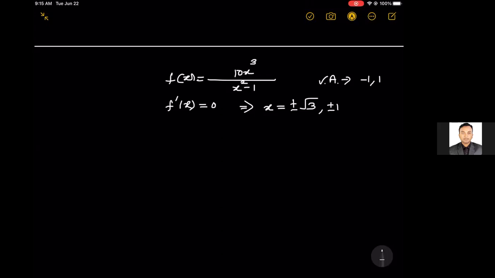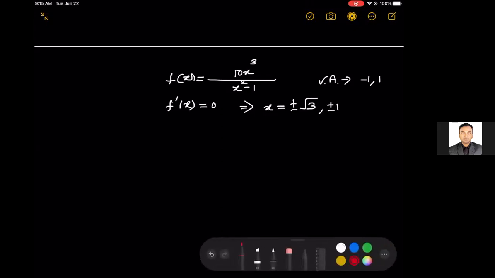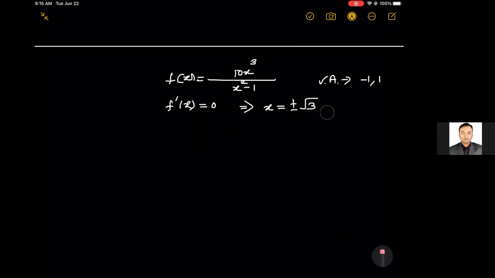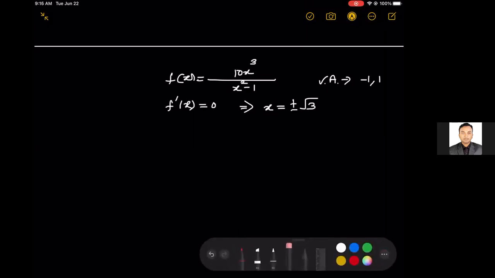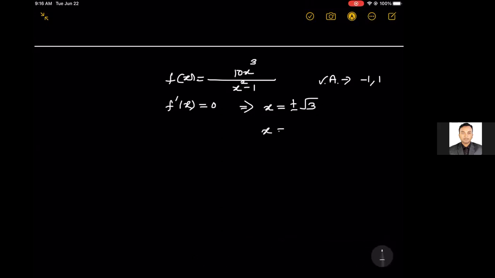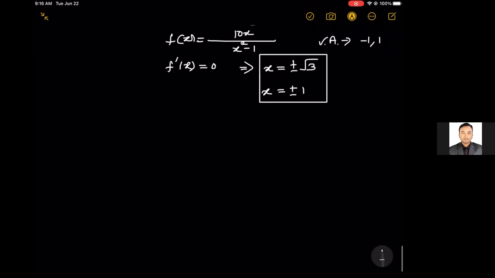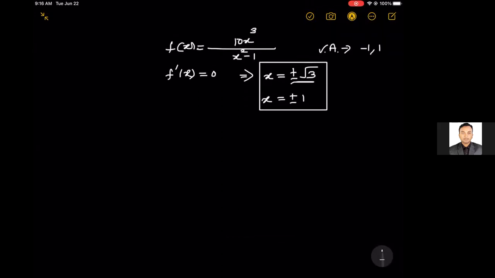This is not really for setting this to 0, so I should write it separately though. This was where the derivative does not exist, right? The derivative does not exist at this point. So we have 4 points from the first derivative. Okay, so these are the critical points, and this is where the derivative does not exist.